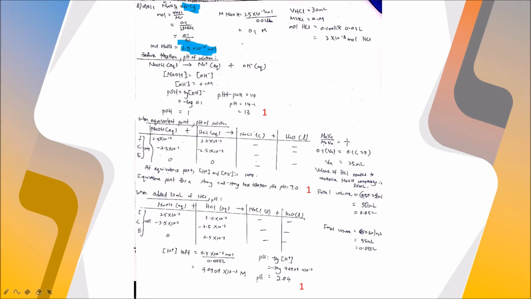After you know the mole of NaOH, you can find the molarity of NaOH by dividing the mole by the volume of water given, that is 0.025 liter.